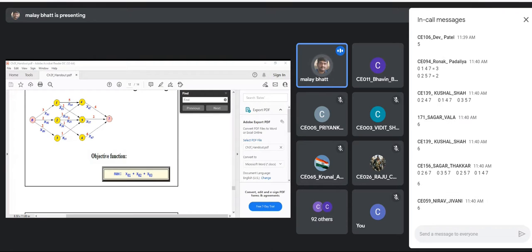So the correct answer is 6. Right? 3, 2, and 1. x01 will be 3, x02 will be 2, and x03 will be 1. That will be the answer.